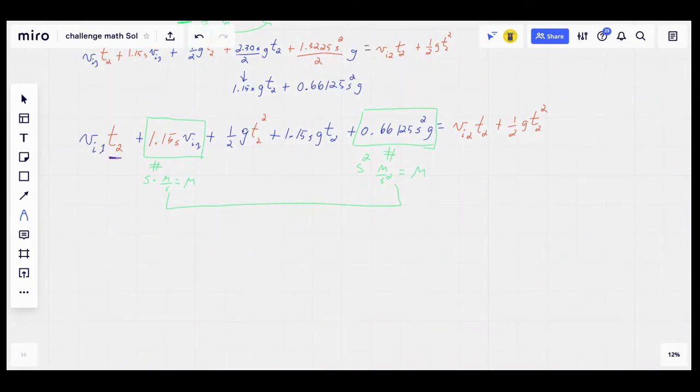Now, the variable I'm trying to solve now is T2, so let's just identify all the places we have a T2, because we need to collect like terms here.